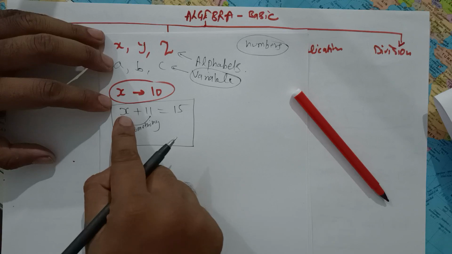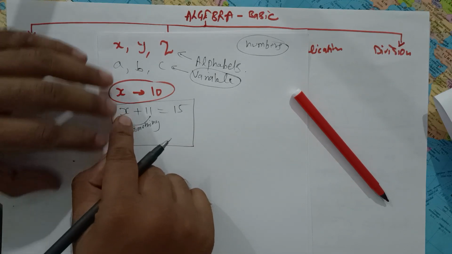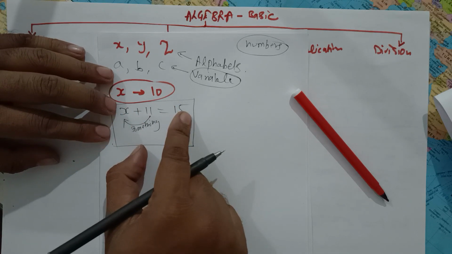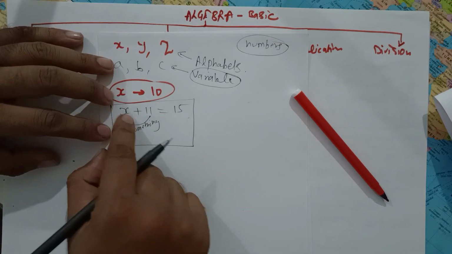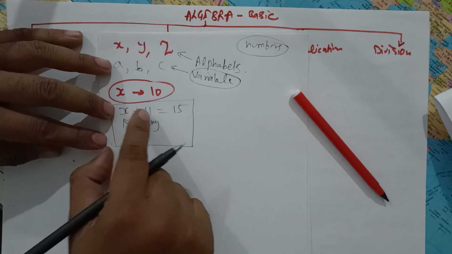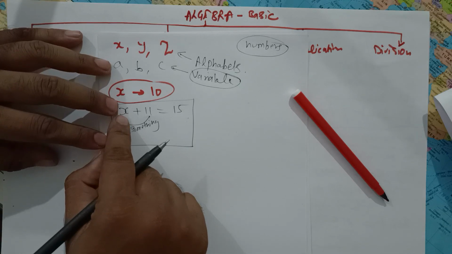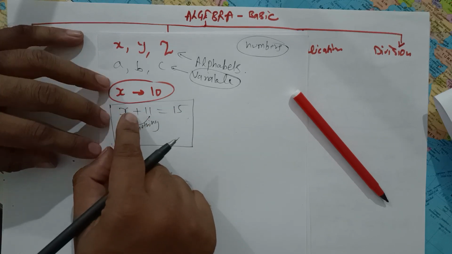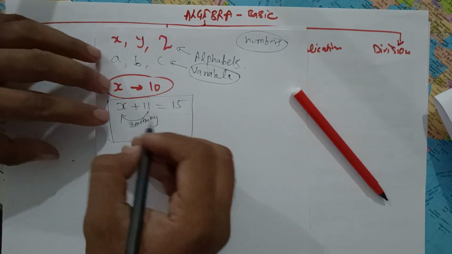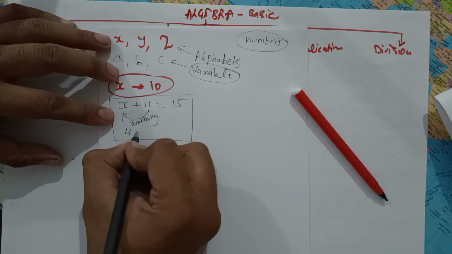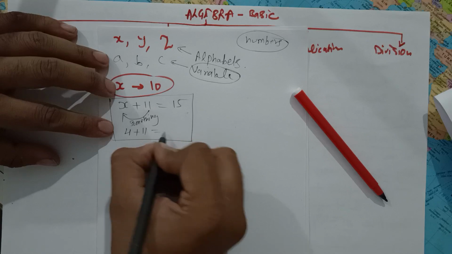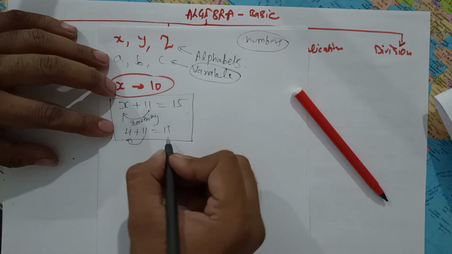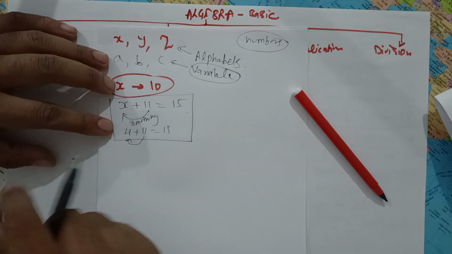That something is x. I don't know what it is, but it is what we add to 11 to get 15. By which number should we add to 11 to get 15? By imagination, I think it should be 4. If we add 4 to 11, we get 15.